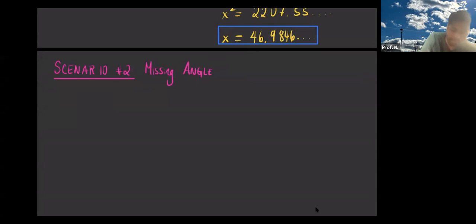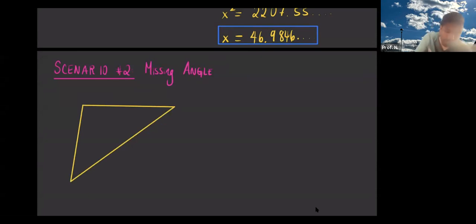And you have a problem like this. When you have a triangle, and the angle is theta. I don't know it. The opposite side is 20. The other sides are 12 and 10. So look at this. I have 3 sides, 12, 10, and 20. I have one missing angle.